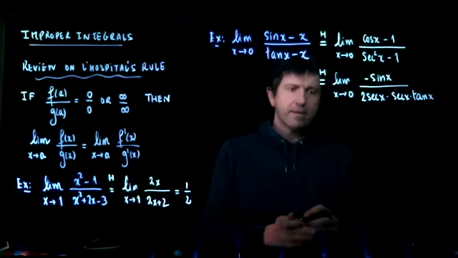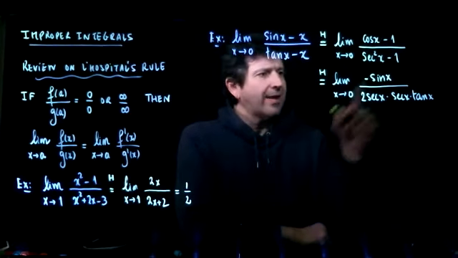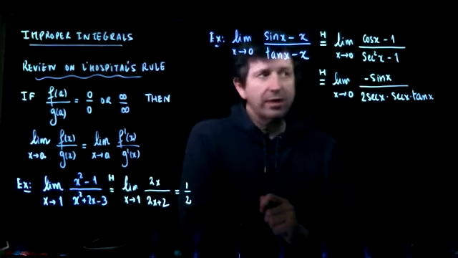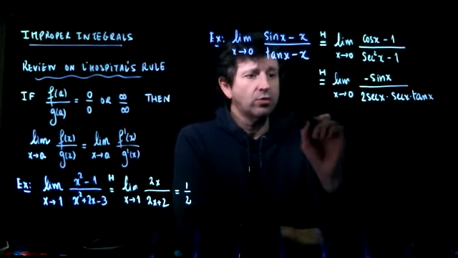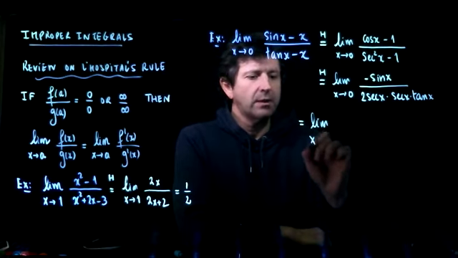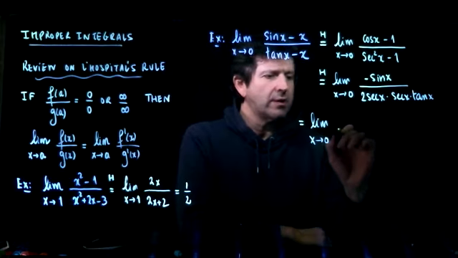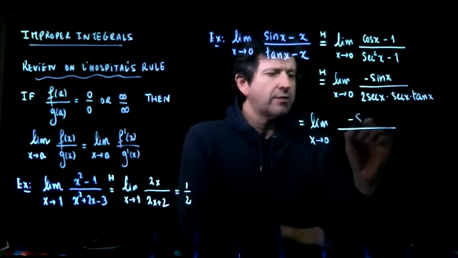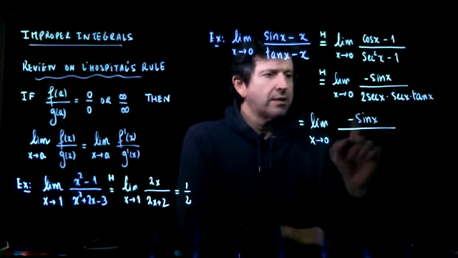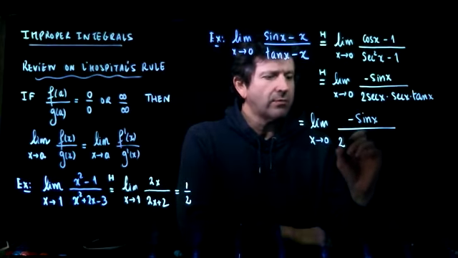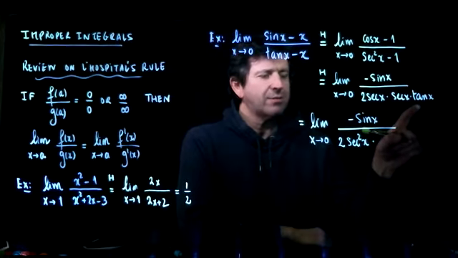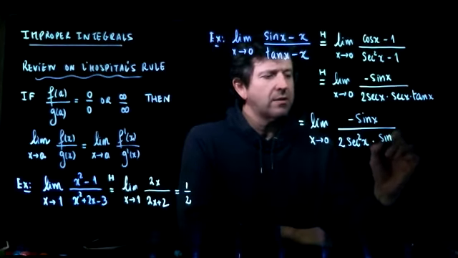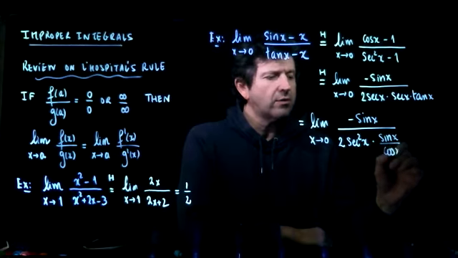Okay, so at this point, maybe it's a good idea to start simplifying things. So I'm not going to do L'Hopital's rule here, I'm just going to write: equals the limit as x approaches 0 of negative sine x over 2 times secant squared x times tangent, but tangent is sine x over cos x.